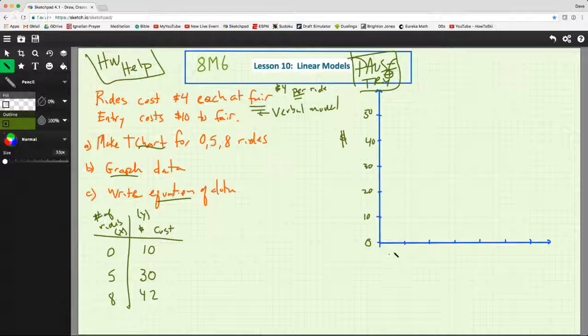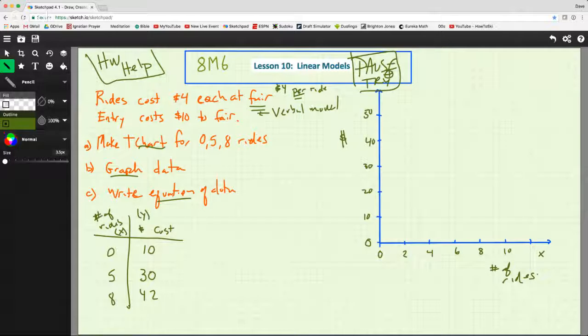And so let's see, number of rides. Well, I can't make those 1. I have to make this 0, 2, 4, 6, 8. Yeah, that'll fit nicely. And so this is our X, and so this is the number of rides.